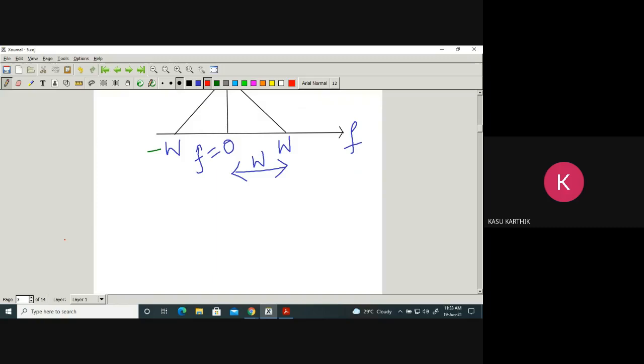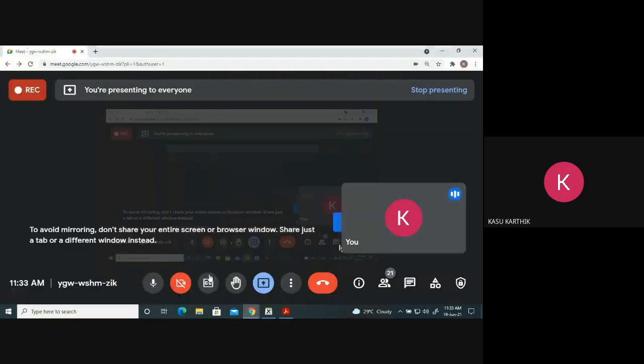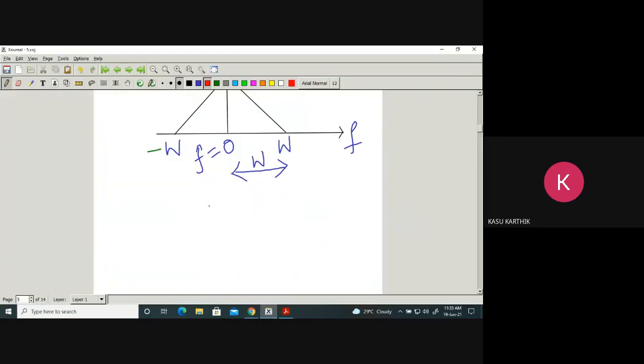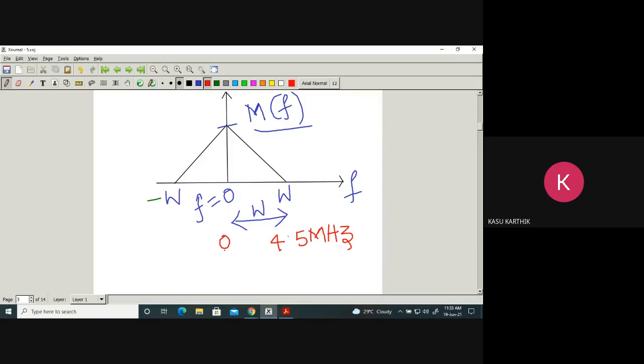It starts from what frequency to what frequency? It starts from 0 to 4.5 megahertz, which means it has some power at 0. It's starting from 0.